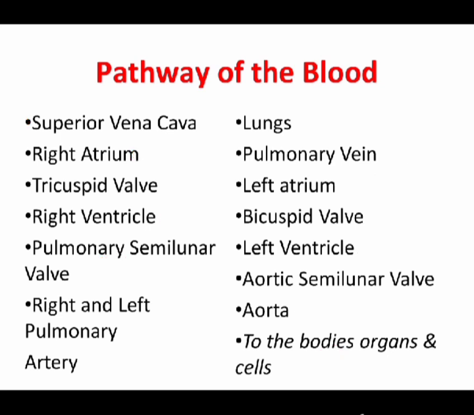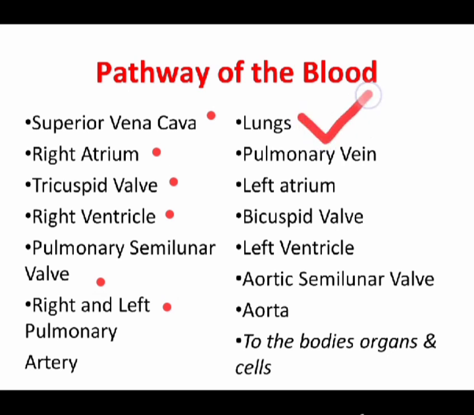So we can say that it moves from the body. It enters the heart through the superior and then the inferior vena cava to the right atrium. Then it passes through the tricuspid valve into the right ventricle. Then it moves through the pulmonary semilunar valve. Then it moves to the right and then left pulmonary artery.